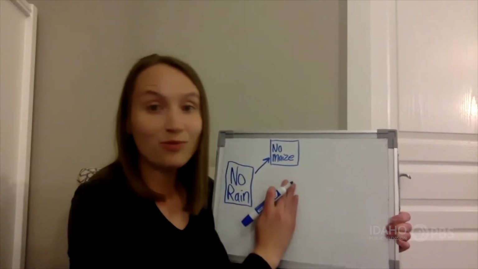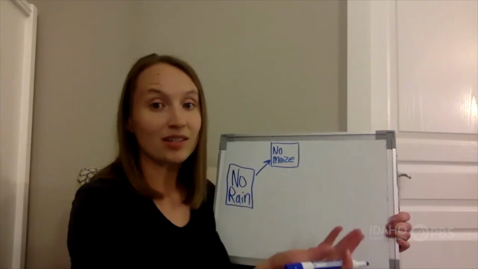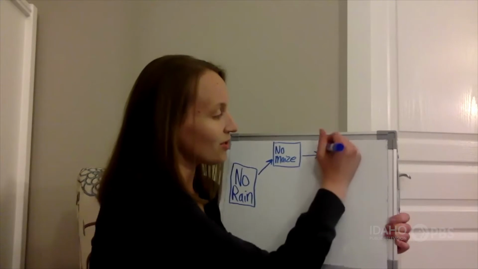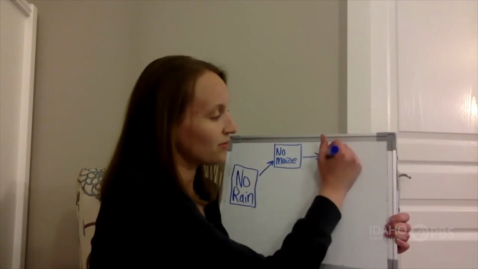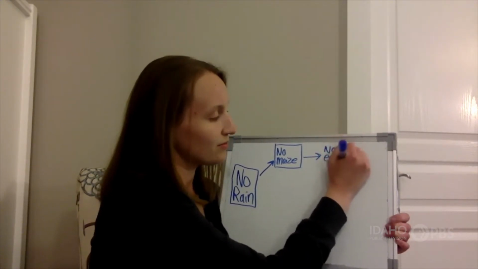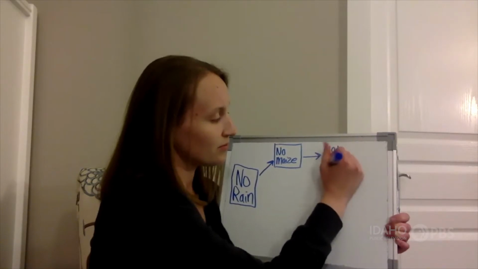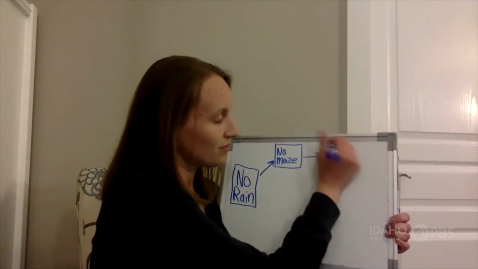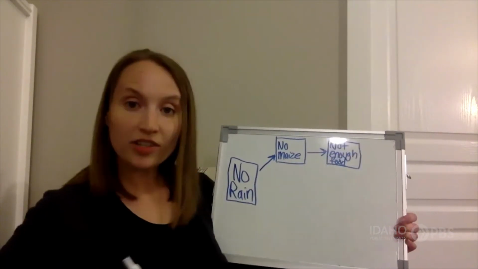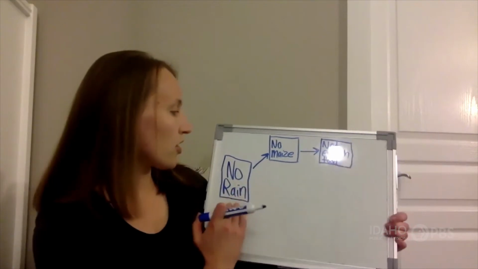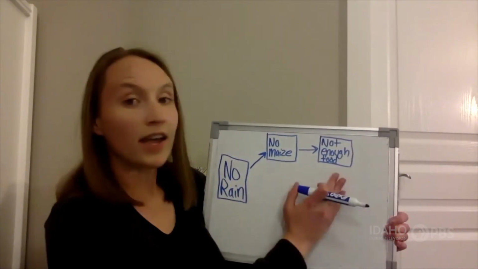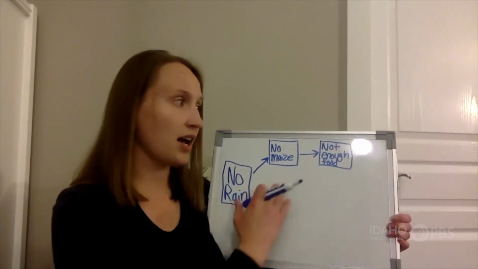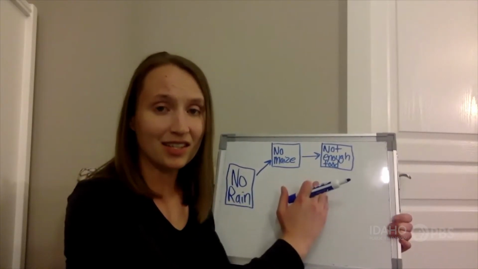As a result of no maize, there was not enough food. So returning to my essential question, we have our cause here with our effects. And so far, a bad cause only has bad effects.